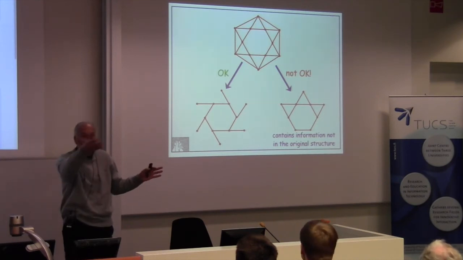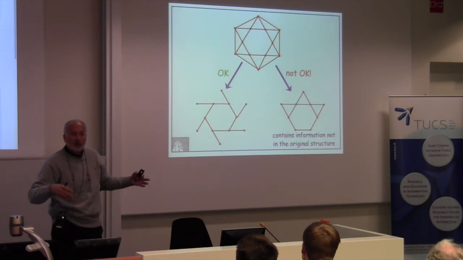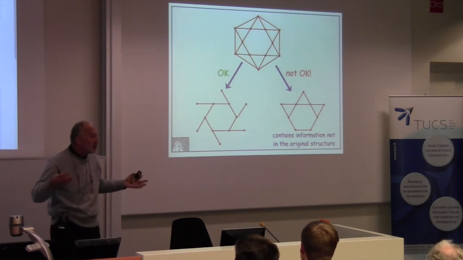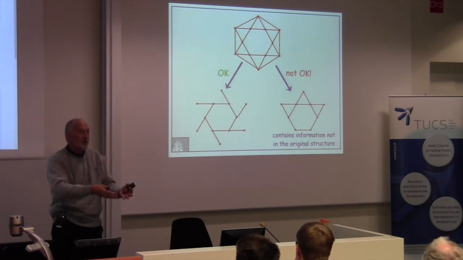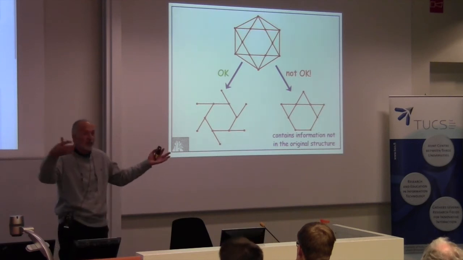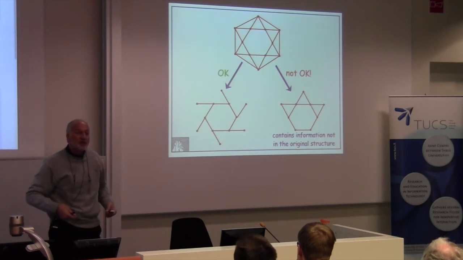This information might be that you prefer the 3 things on top to the 3 things on the bottom. But that distinction is not present. So you cannot even think of having a function that computes something which doesn't use only the information that it's given, but uses information that it gets from God or from outside. So this function is no good.